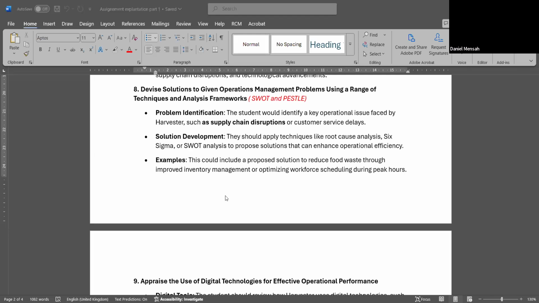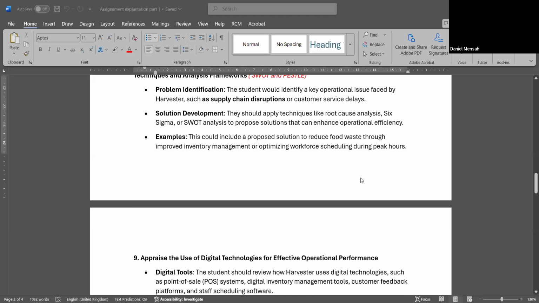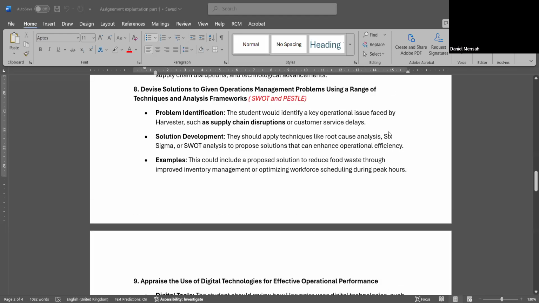So how are you going to devise the solution for these, and maybe you can connect these solutions with these techniques. Maybe for scheduling at peak hours you can use Six Sigma, root cause analysis. Then you can connect these solutions with these techniques also. So this is how you are going to attempt this task.